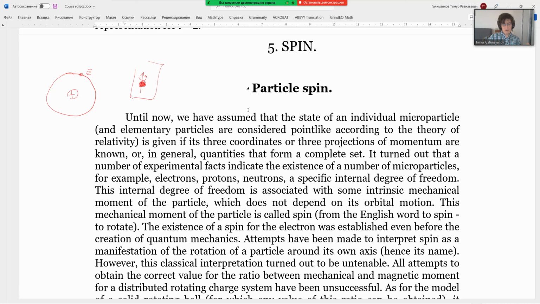It was done 100 years ago, and people were sure that there can be an angular momentum of a single particle which is not rotating around something, but looks like some inner rotation of this particle, like I have drawn here, like inner rotation of the ball around itself.